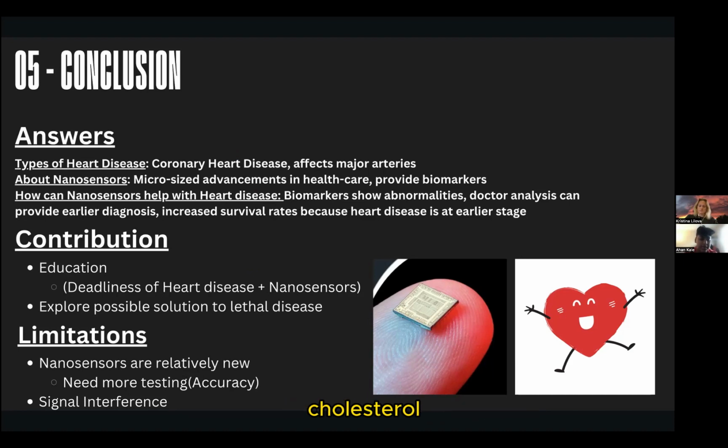Like for example, cholesterol. If the signal is high, it's reporting high, but if there is some signal interference and it's a low signal, it'll be interpreted as a low cholesterol deposit. And in actuality, it's a high cholesterol deposit.